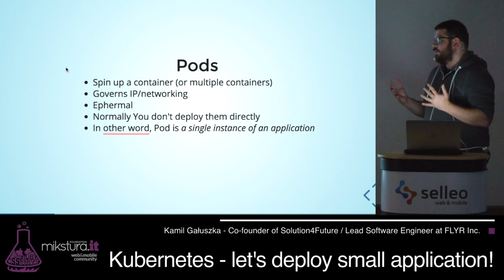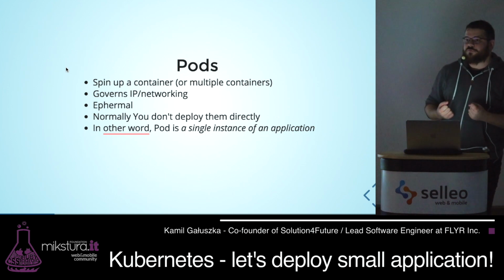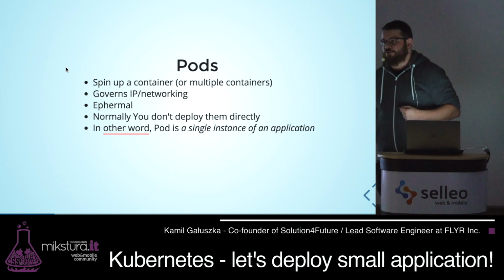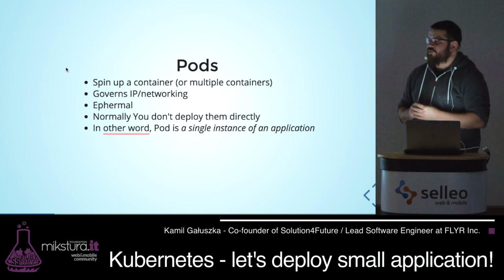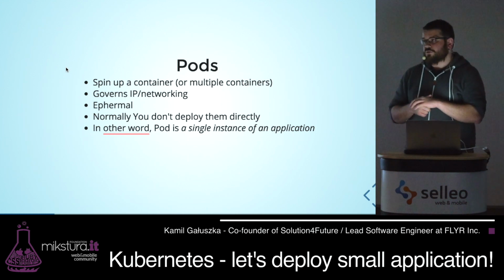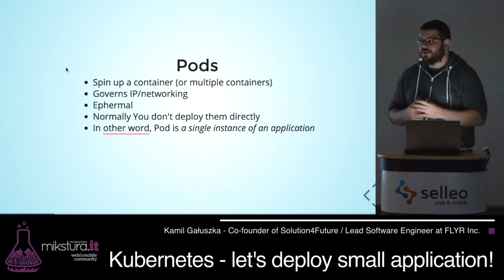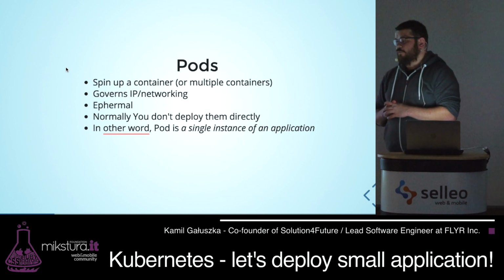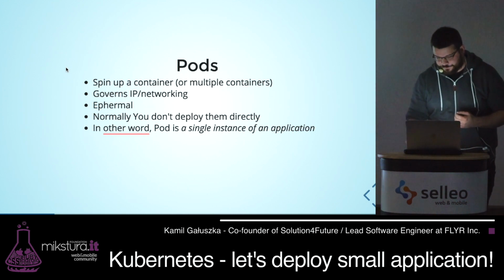In other words, the pod is a single instance of an application. It's just a deployed container. So when you spin up a Docker run, that's basically what a pod is. A pod also has some networking assigned to it, that is internal, and without forwarding, you will not have access to any of the pods' internals.